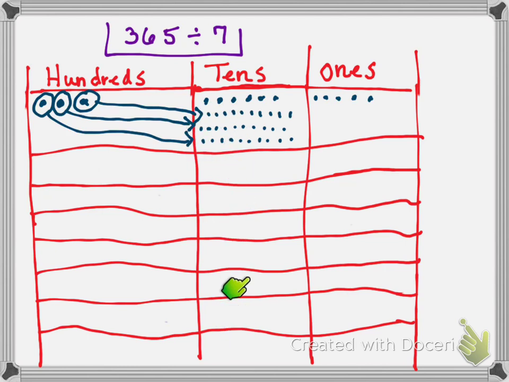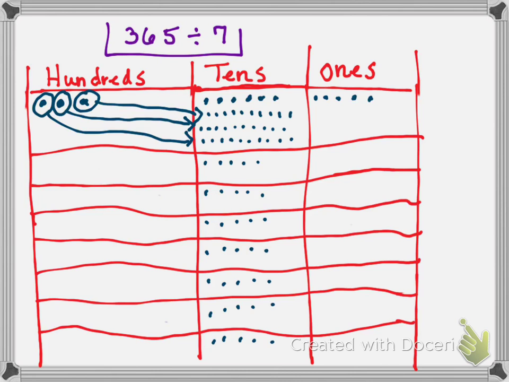So let's start counting up with 36. 1, 2, 3, 4, 5, 6, 7, 8, 9, 10, 11, 12, 13, 14, 15, 16, 17, 18, 19, 20, 21, 22, 23, 24, 25, 26, 27, 28, 29, 30, 31, 32, 33, 34, 35.